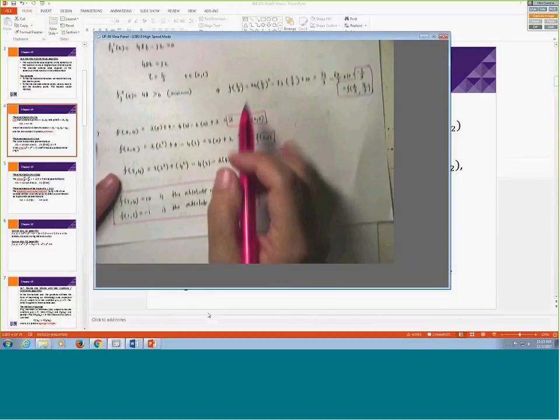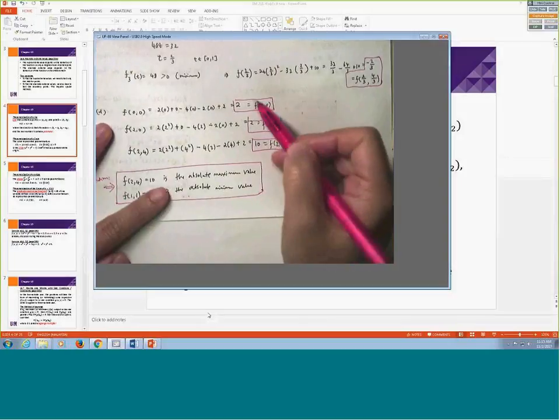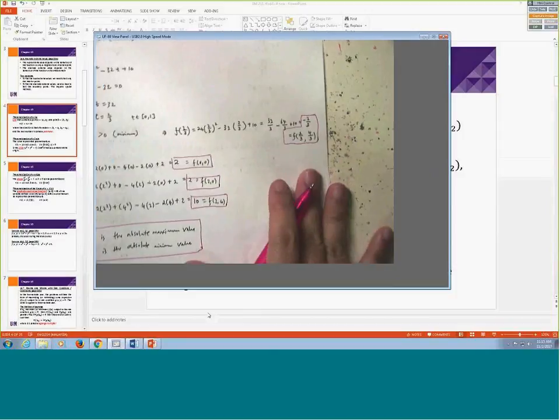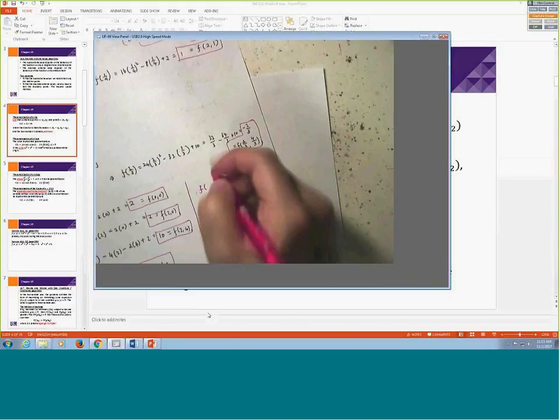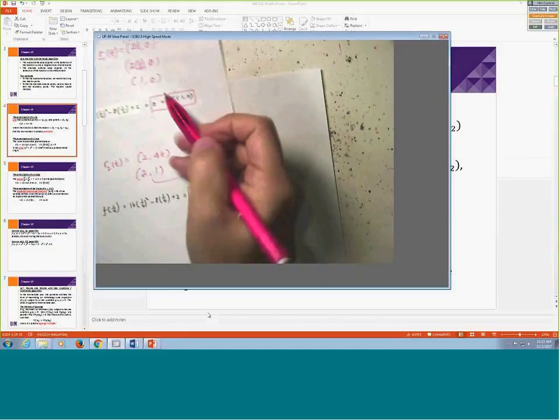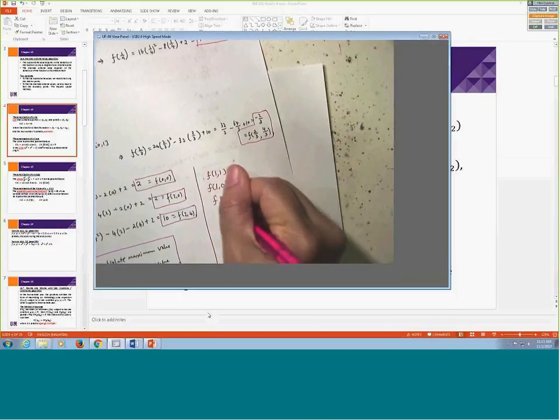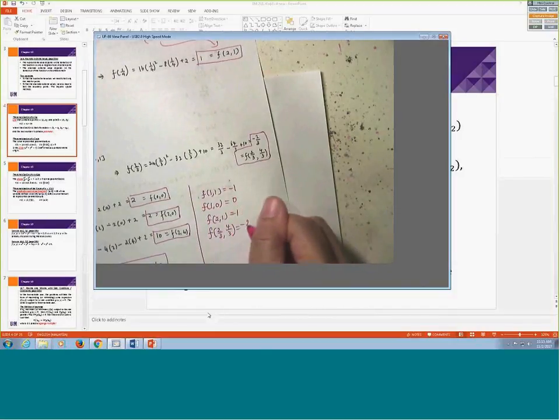Just now we obtained f(1, 1) is negative 1, f(1, 0) is 0, f(2, 1) is 1, and f(2/3, 4/3) is negative 2/3.